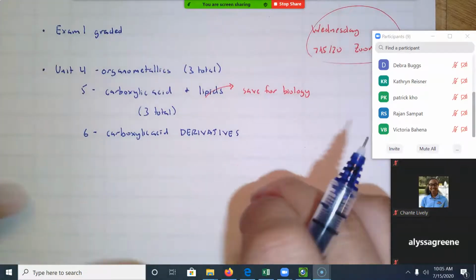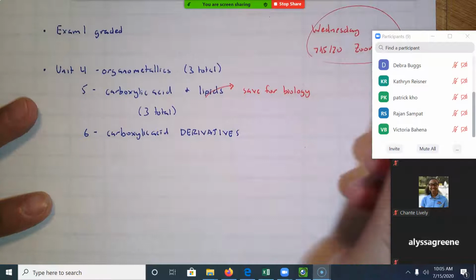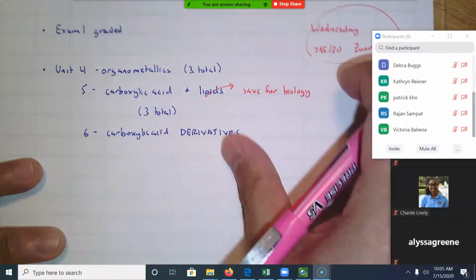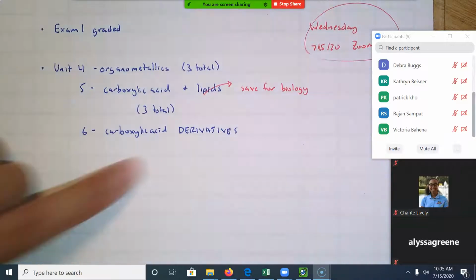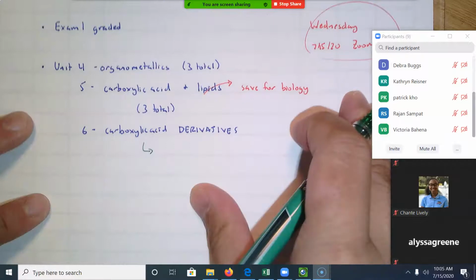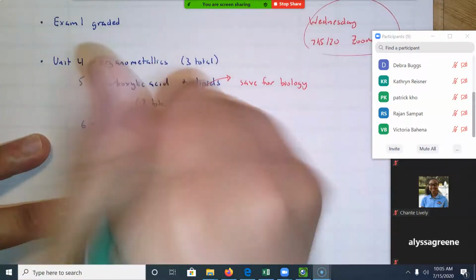Because this unit is fairly large, I do want to sort of put the lab aside. I apologize for that. We're not going to get through as many quote unquote experiments as I wanted to, but for carboxylic acid derivatives, the idea is to get as much material as soon as possible.